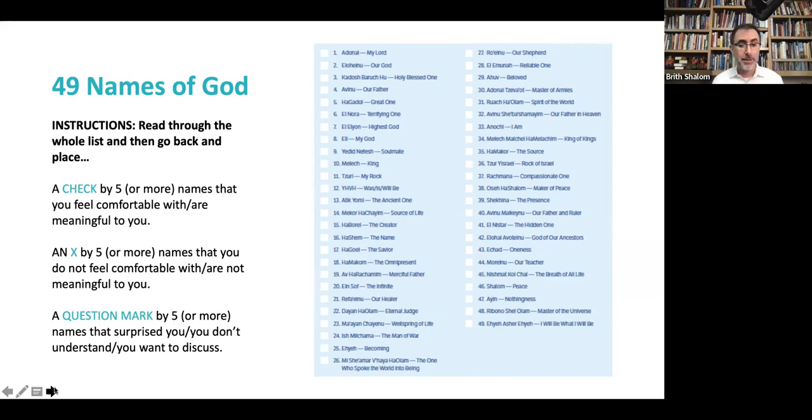The Shekhinah is the feminine presence of God, which is becoming more and more contemporary as we get more and more egalitarian. It goes back a long way, especially in mystical circles, and that's a nurturing presence of God, all those stereotypical feminine aspects instead of the masculine. Man of war is Ish Milchama. And so we have a nice balance of the two.